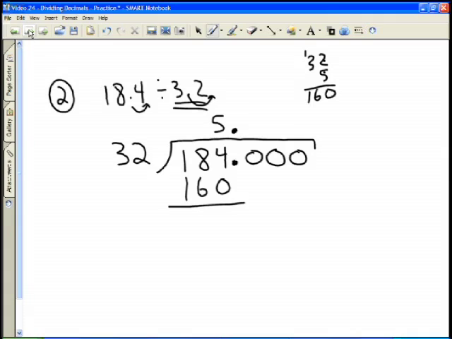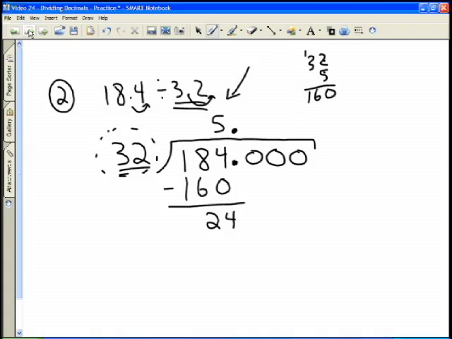Now, when I subtract here, I get 24. If this 24 is larger than 32, then you just have to increase this number by 1. As long as you make a guess that's close, you might have to do some erasing, but if when you subtract you get more than the number you were dividing by, then you know you've got to bump it up 1 number.